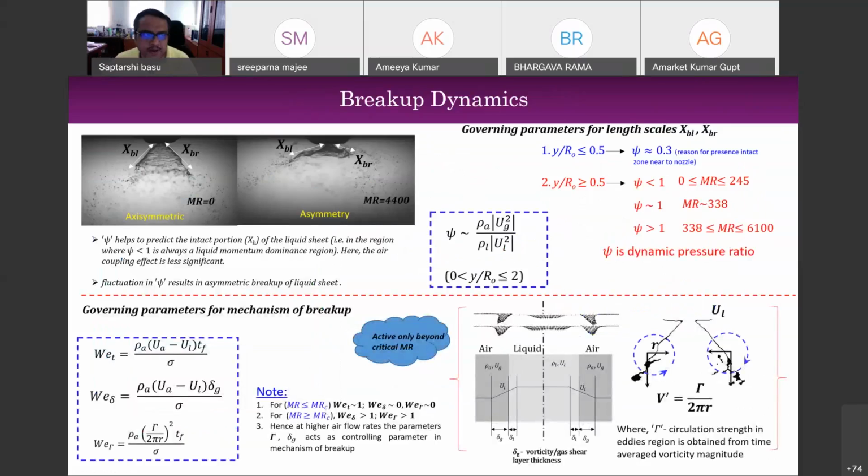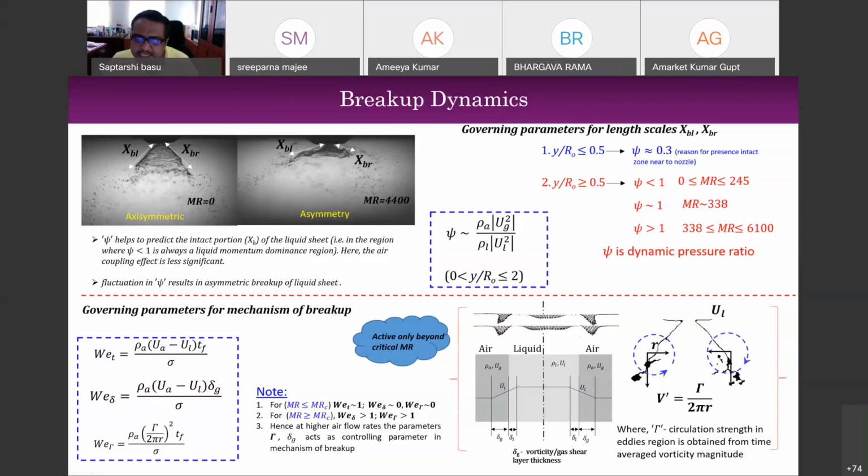Now, of course, one other thing that we try to actively look at is the breakup dynamics. If somebody has studied breakup, they will find that in breakup, it is always the linear velocity that is taken into consideration. That means you propose a Weber number, and in the Weber number, you have a flow velocity and some kind of a length scale parameter.